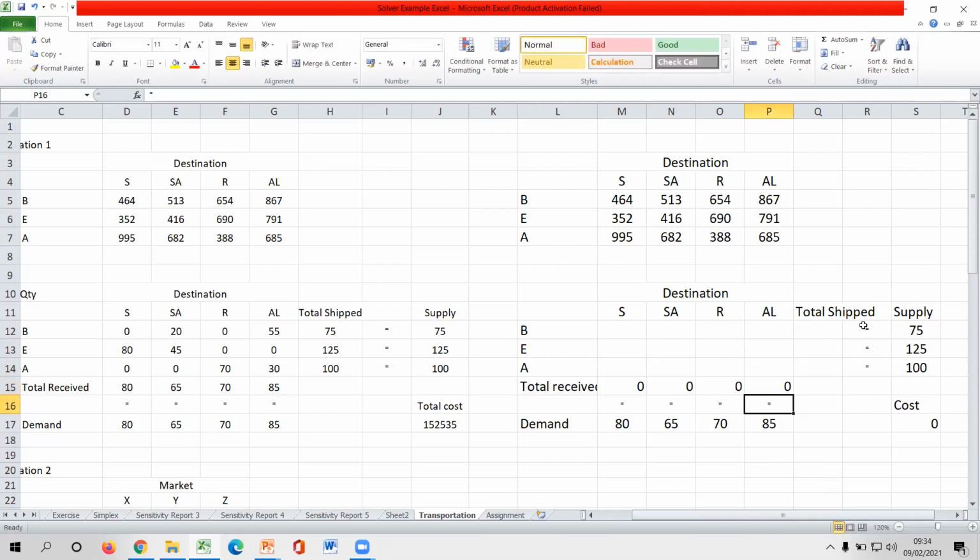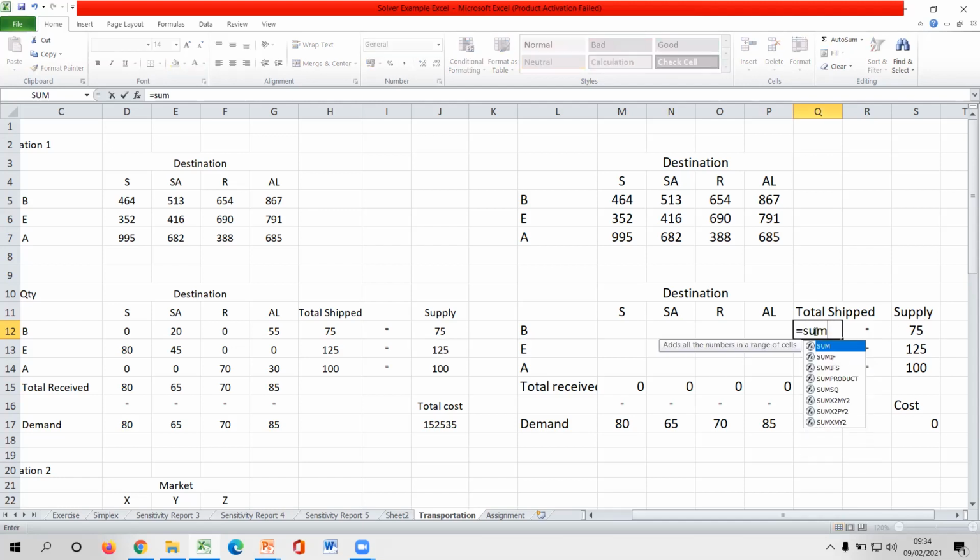Now for the shipment, we have 75 supply from plant B, or factory B. By using this 75 supply, we have to fulfill the market demand. That market demand has to be fulfilled with the given supply amount, therefore it has to be equal. In here also, it has to be equal to the total of the market demand.